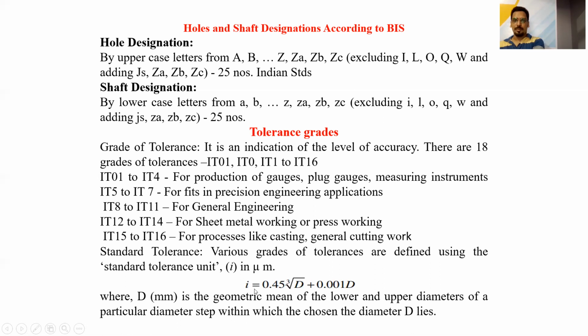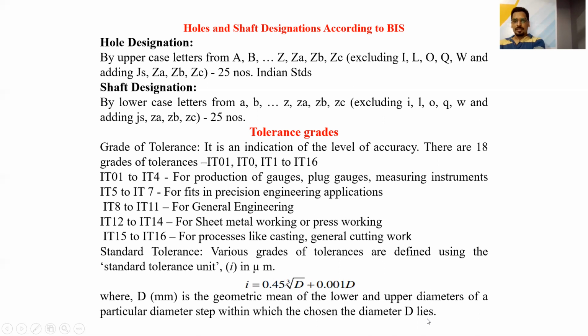Standard tolerance is represented by I, and I is given as I equals 0.45 cube root of D plus 0.001 D, and I will be in microns, where D is the geometric mean diameter of the lower and upper diameters of the particular diameter step within which the chosen diameter D lies.